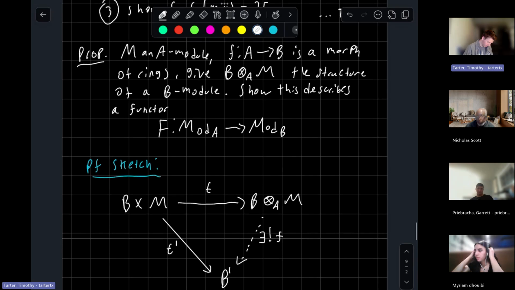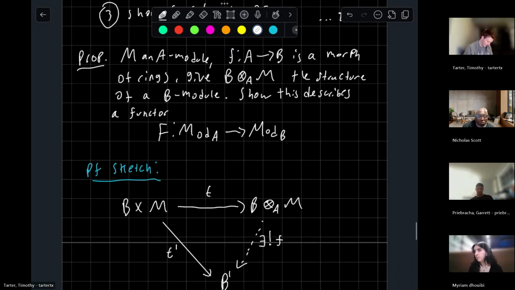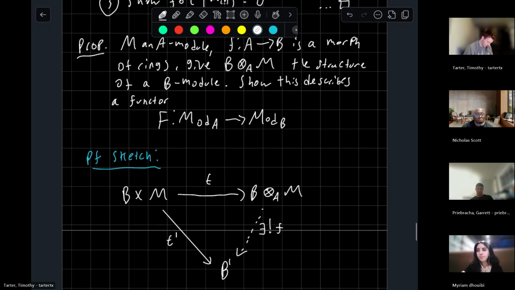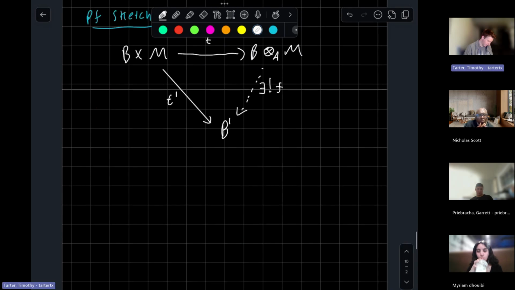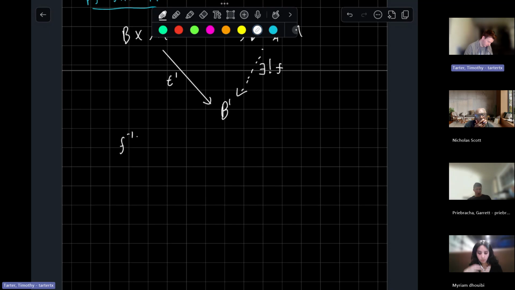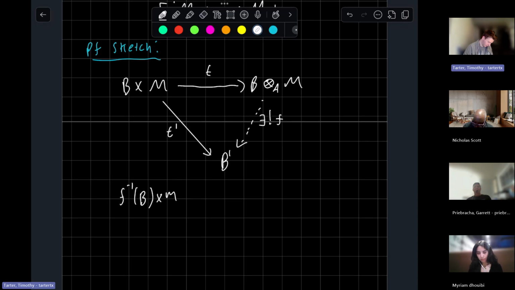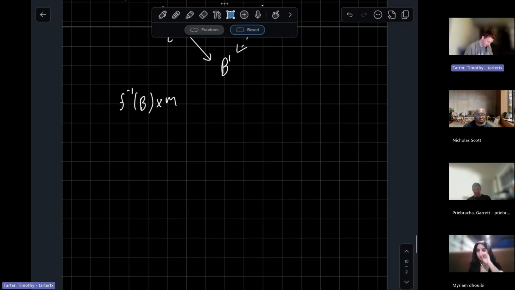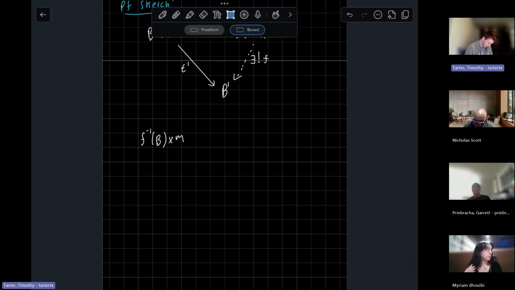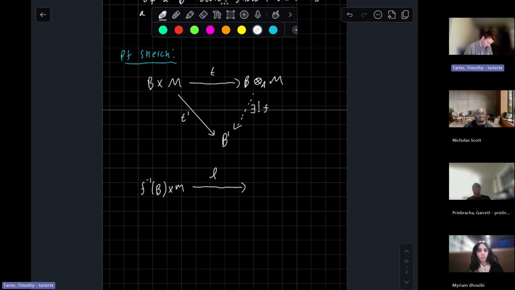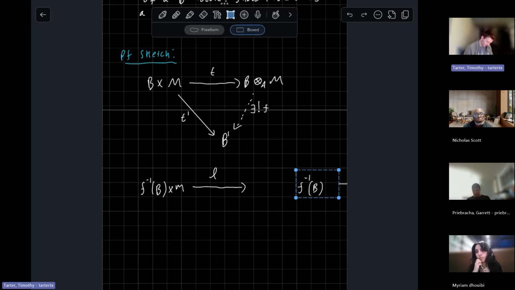And then we want to take this thing as a B module, and we want to say that taking F inverse of B cross M by some other thing, maybe L, to F inverse of B, and this will be where it's arrow reversing, so we need to put F inverse of B on the right hand side.